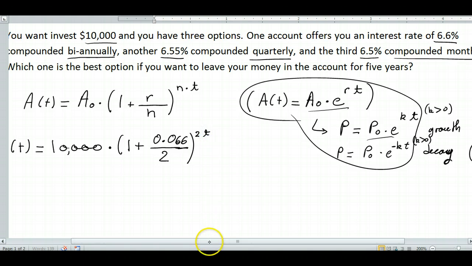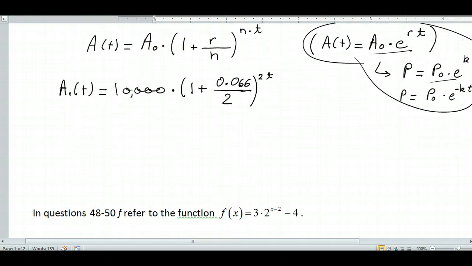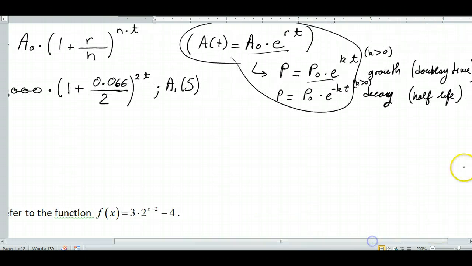And right here we will want A1 of 5. This is the first choice, A1 after 5 years, and we will want to know what that is.